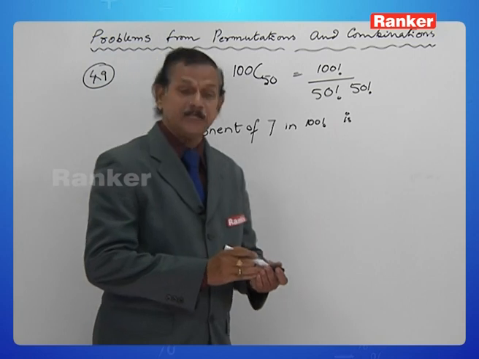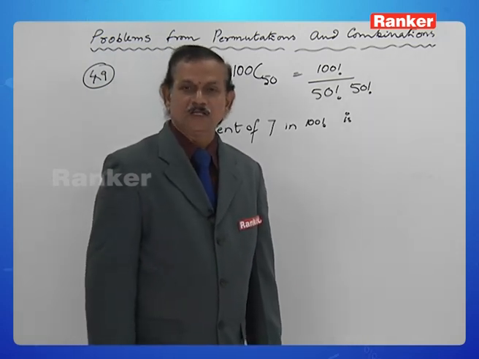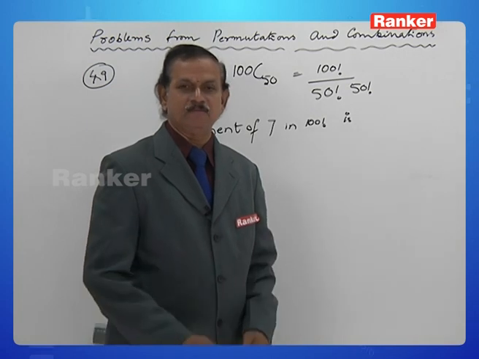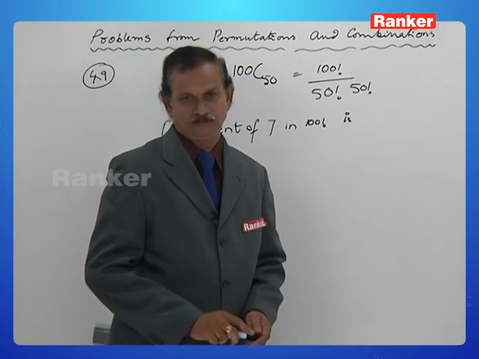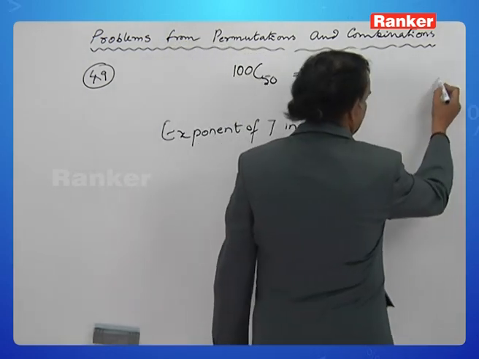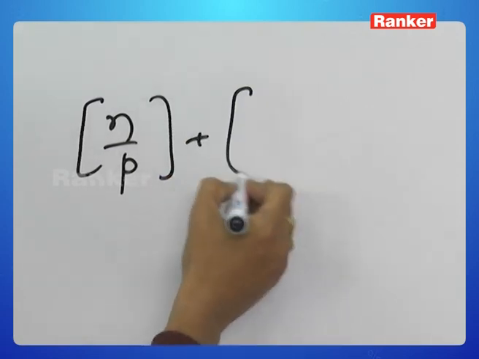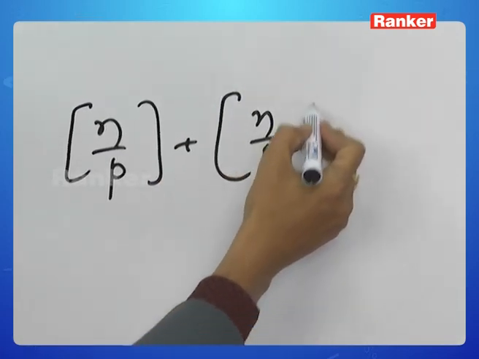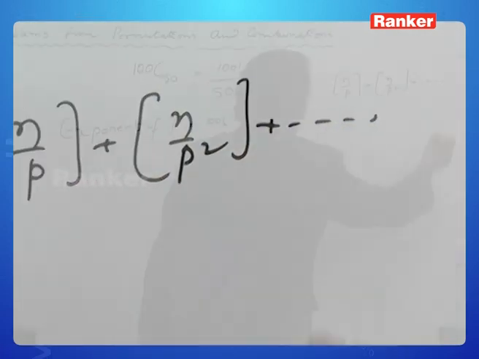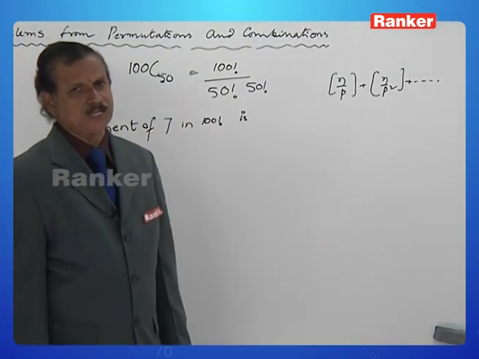Let us recall the procedure of obtaining the largest power of a prime number in n factorial. What is the way? It's very simple. It is nothing but the sum of the integral part of n by p plus the integral part of n by p square plus the integral part of n by p cube. You can proceed as many times as you can.